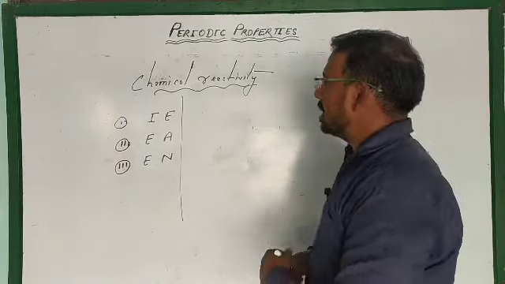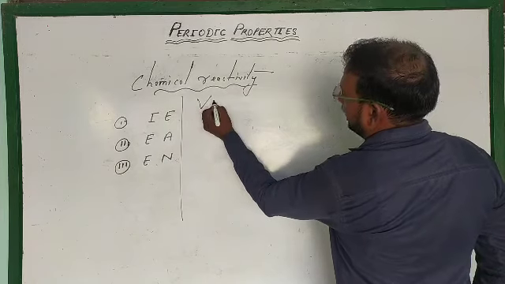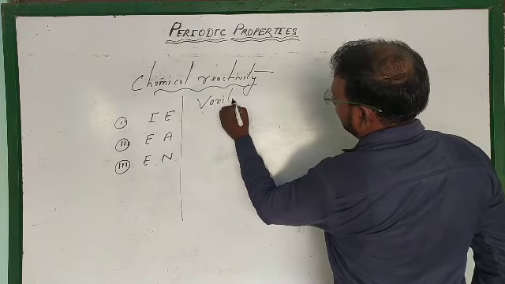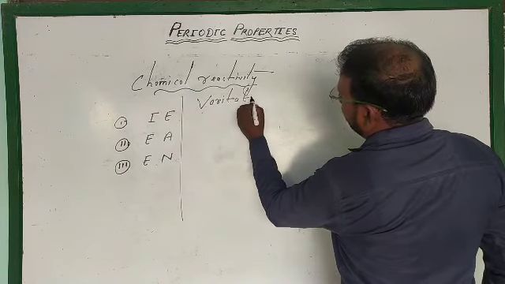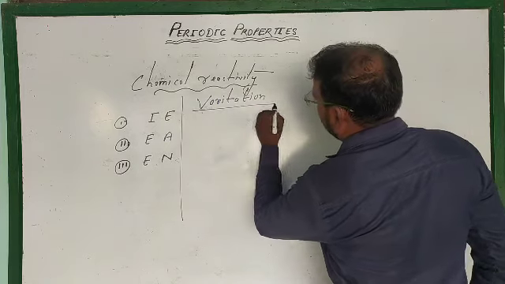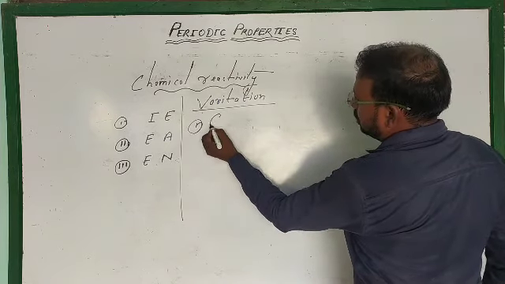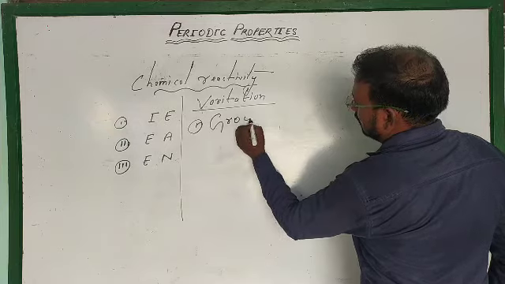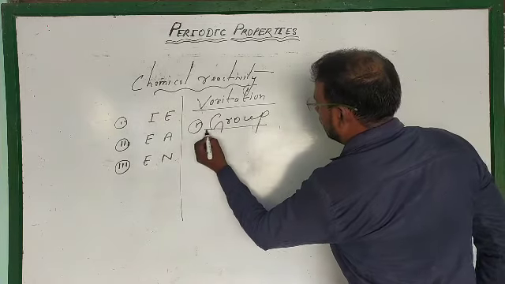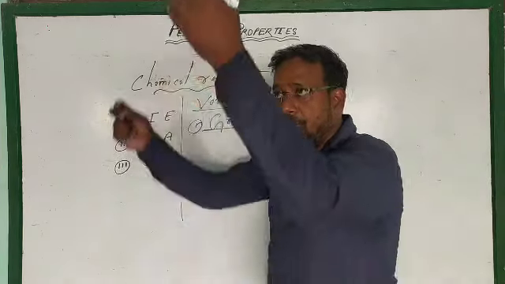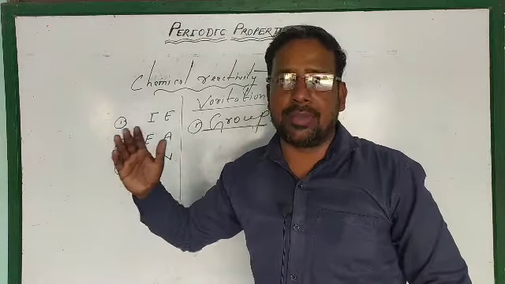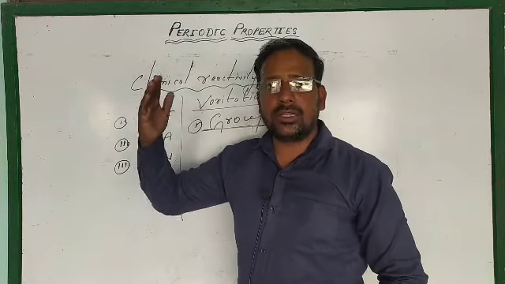Already we have discussed, and also we have discussed the variation of these properties. First one we have discussed in a group. When we are moving in a group from top to bottom, in any group, we have 18 groups, no? So what is happening?